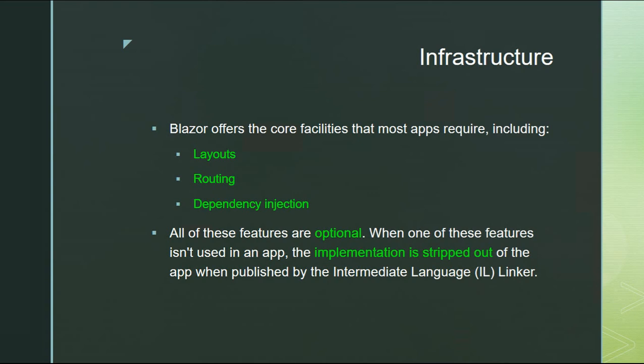If you have defined it and are not using it, it will be stripped out by the compiler. So you don't have to worry about a performance issue. That means if you have defined layouts and have not applied them to your pages or components, they are not going to get bundled into your published package. So it is a more optimized way.